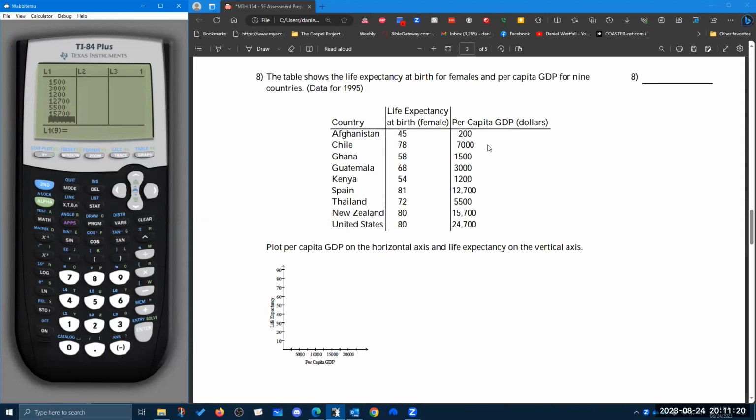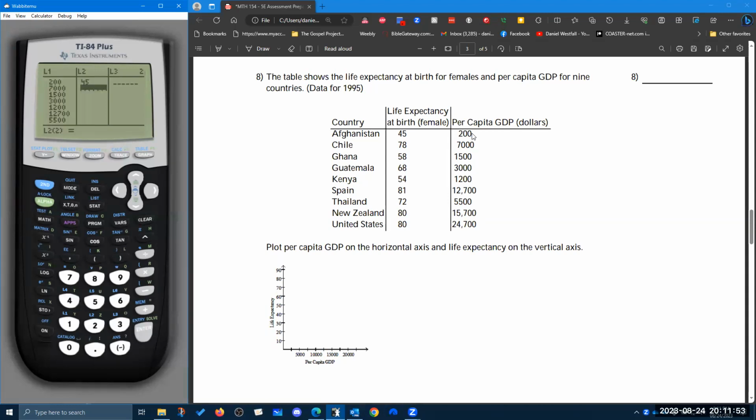And they have a bunch of different countries here, some of them which are quite poor, like Afghanistan, that only has each person roughly making $200 of gross domestic product. Their gross domestic product, if they would split it up over all the people, each person would only get $200 out of everything that their country produces.